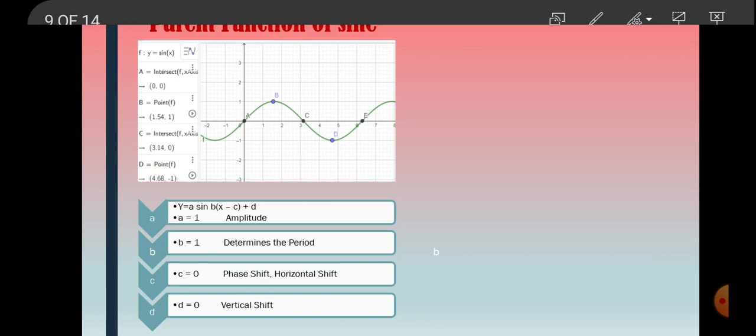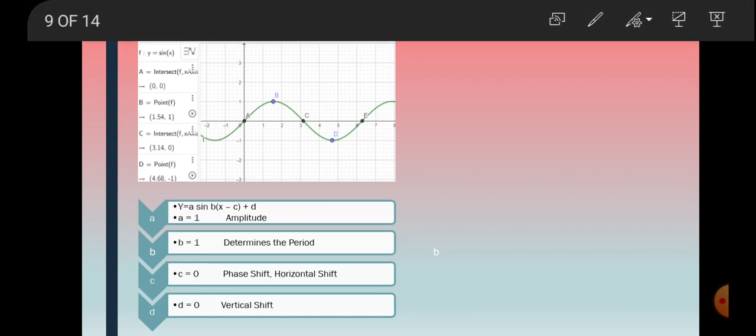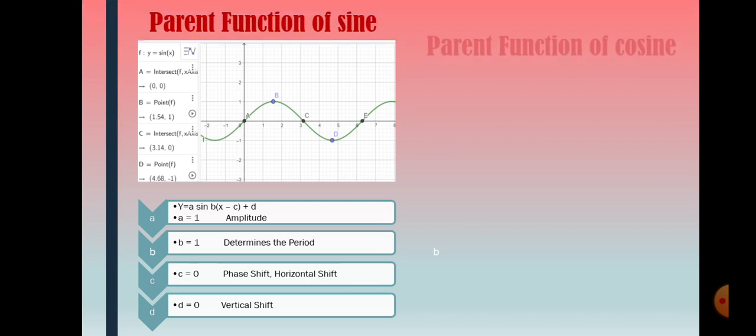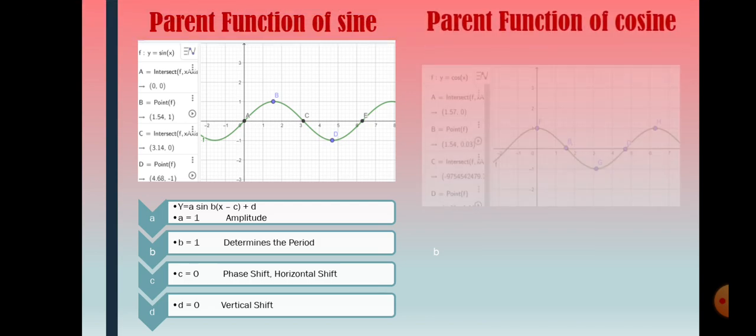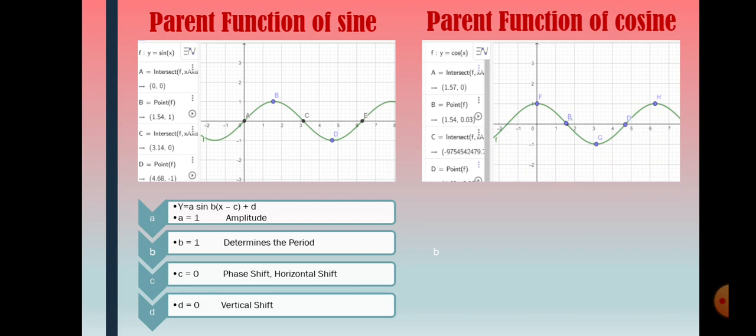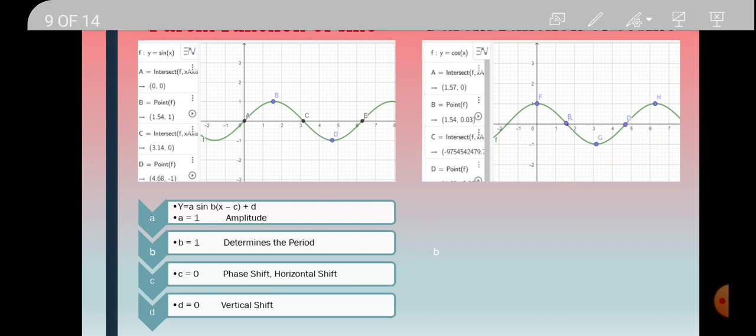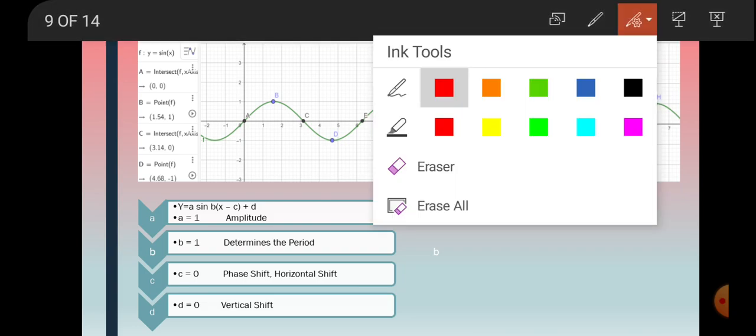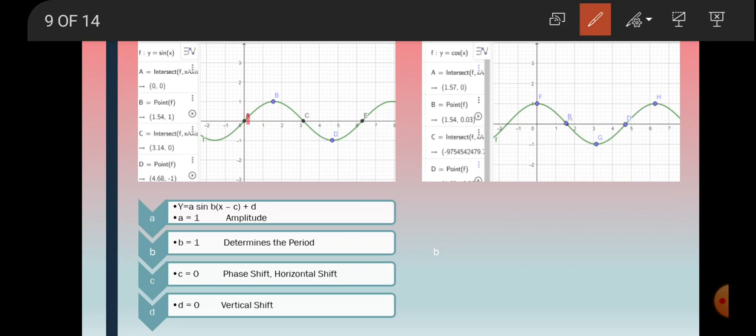The same thing we can talk about for the parent function of cosine. Remember, the difference between the two functions is that if this one starts at 0 here, this one starts at 1 on the y-axis. So they are different from each other, no matter that they look like the same curve.